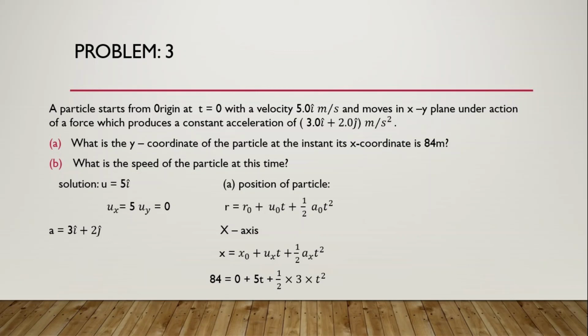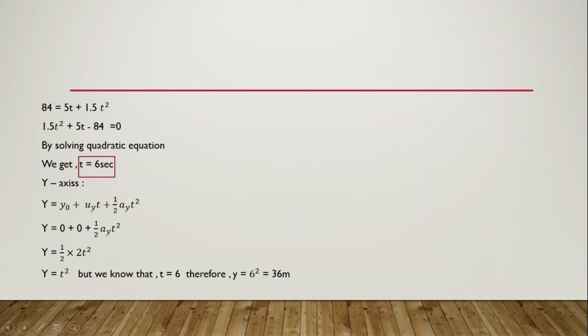So just make a simple calculation here, that is 84 equals 5t plus 1.5 t square. How is it 1.5? That is 3 divided by 2, which is 1.5, into t square. Then take 84 to the other side, that is 1.5 t square plus 5t minus 84 equals 0.